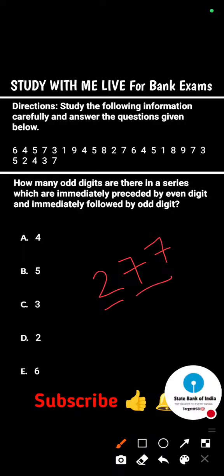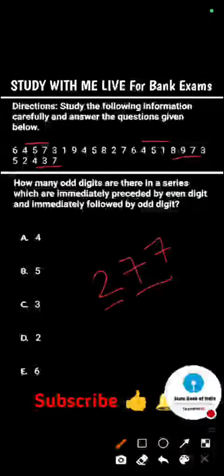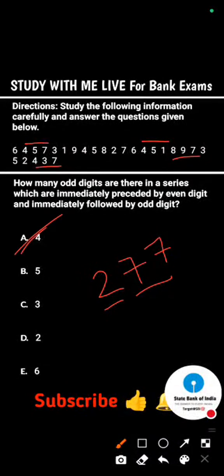We need to see one even number and two odd digits. Here is one even number and two odd digits. Here we see one more, 3, 4. So we see 4. So option A is our answer.